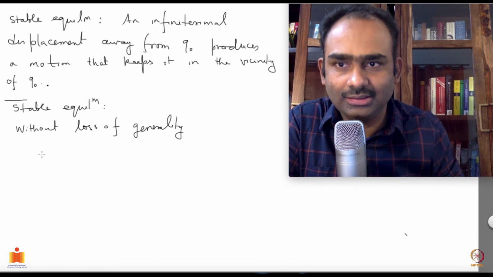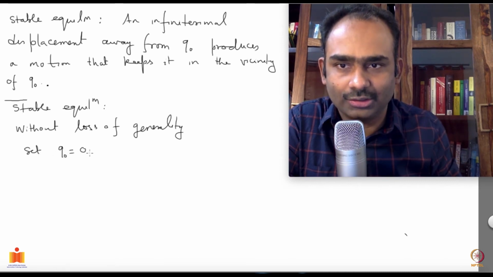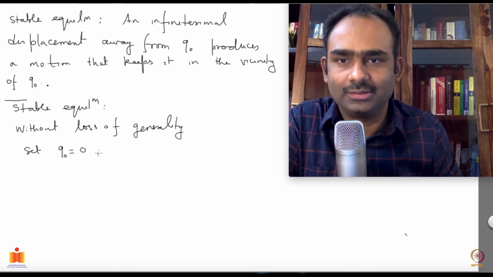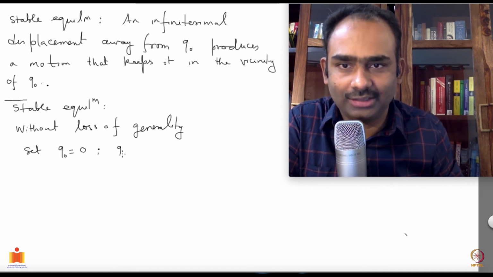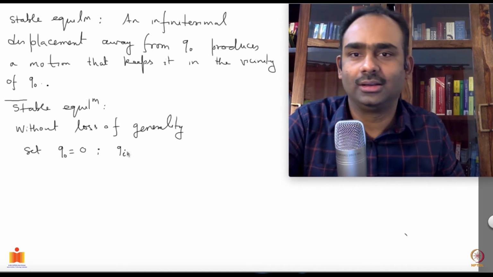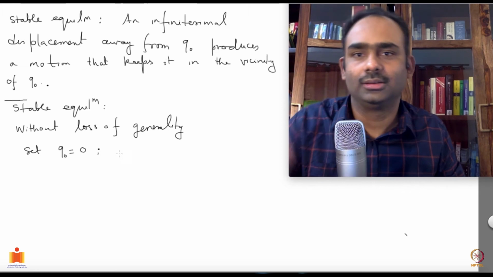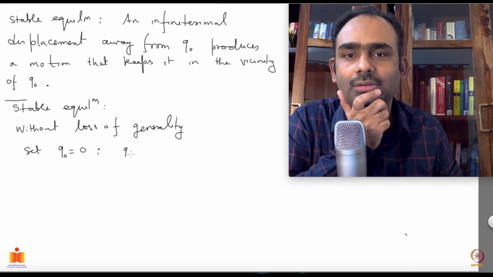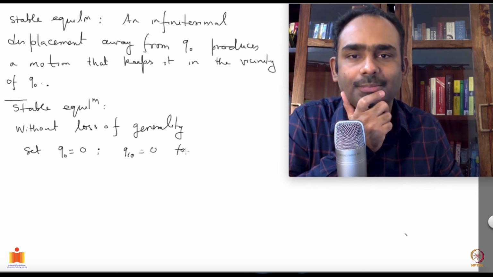I can set q naught to be 0, which basically means that I'm saying q_i0 equal to 0 for all i.